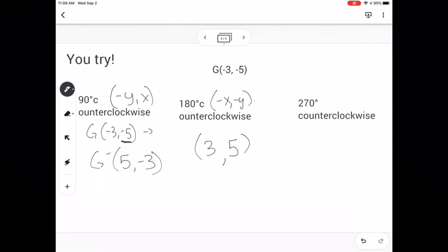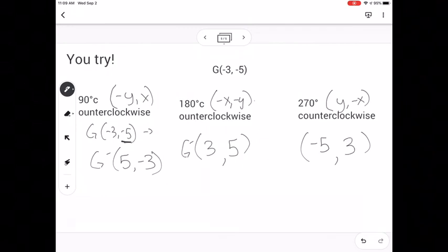So G becomes positive 3, positive 5. And for 270 counterclockwise, we do y, negative x. So y goes first, change the sign on x, so positive 3 second for G prime. And there you go. If you have any questions, you can find me during office hours.